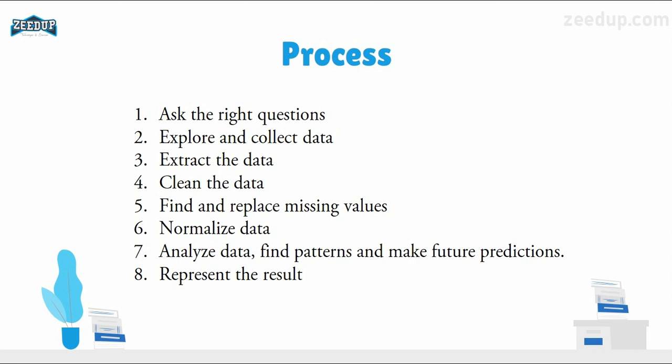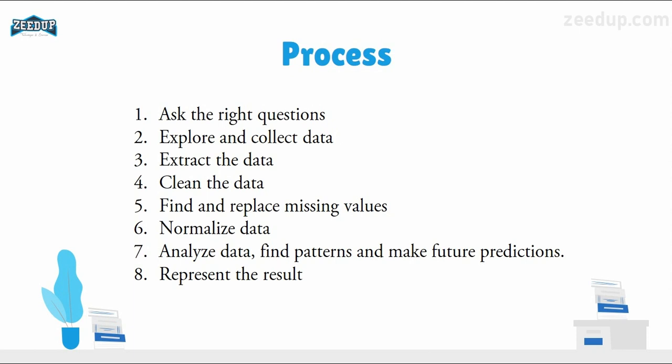There are different methods and steps that you must keep in mind while replacing the values, because there is no standard method which you can apply at every place. There are a few things that you must consider. Depending upon the nature of the data, the nature of the questions you are asking, the nature of your findings, or what analysis you're trying to do, you decide what kind of values you can replace.